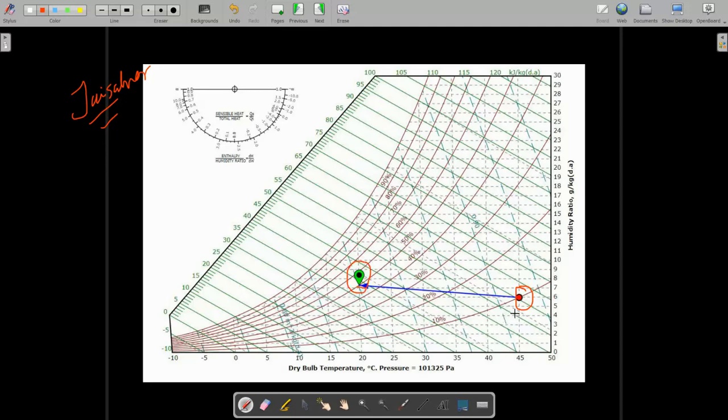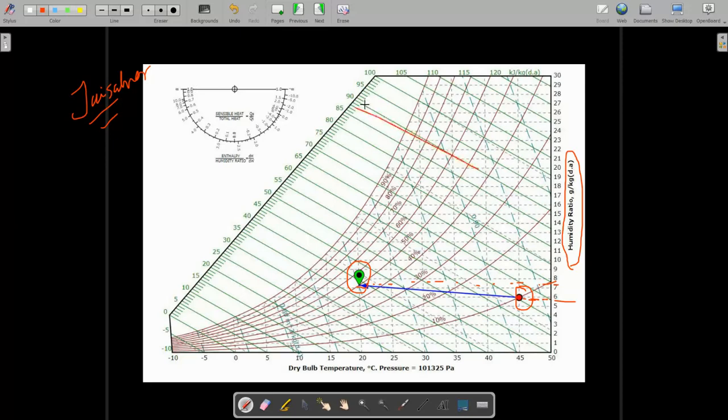When you draw a line with the help of a scale, you will find the vertical line that gives the humidity ratio. Note down the humidity ratio. With the help of a scale, locate a point on this vertical line for the final condition. The process is going toward the northwest side, from the rightmost bottom to the leftmost bottom.